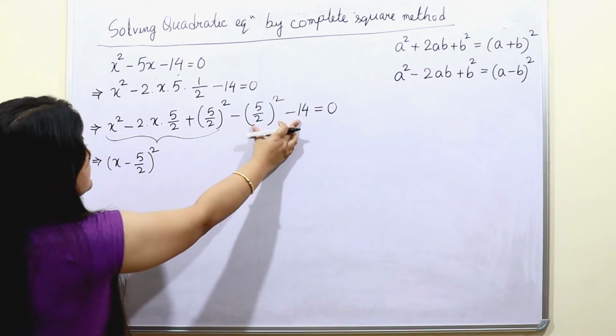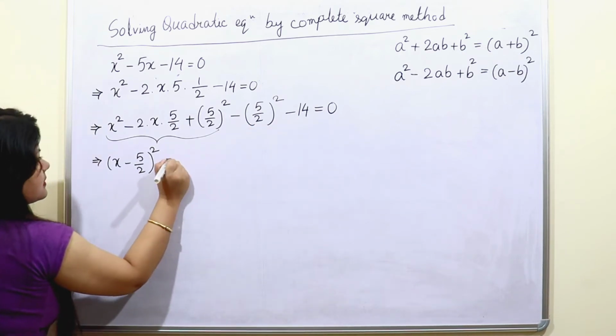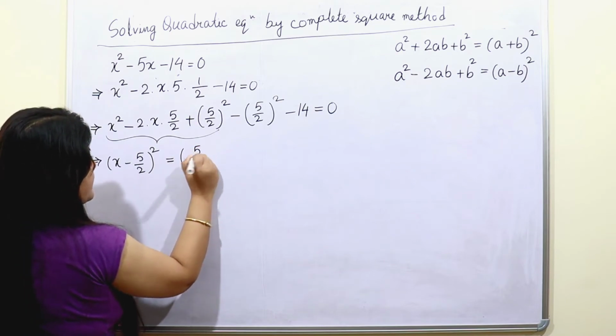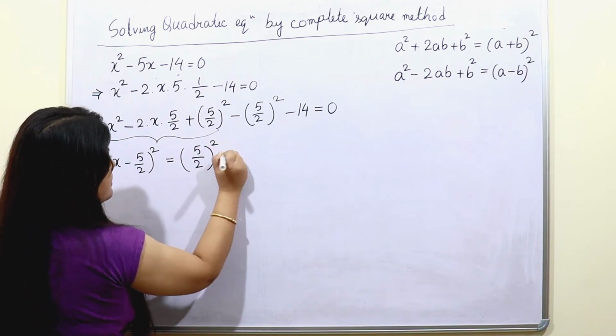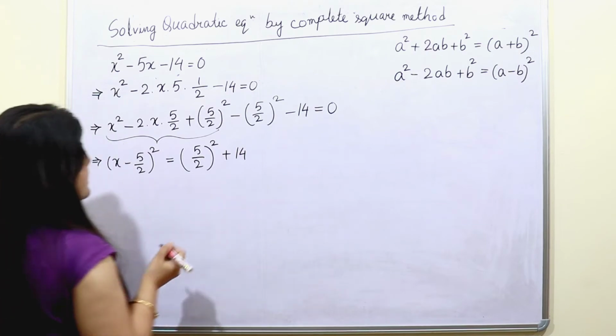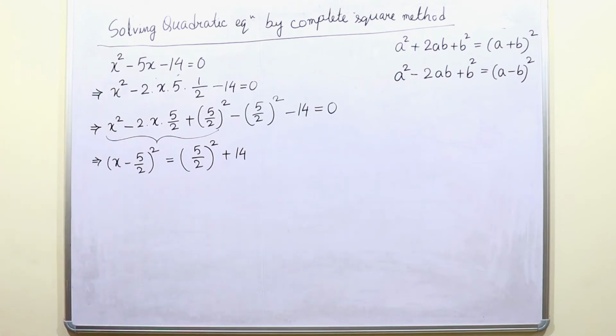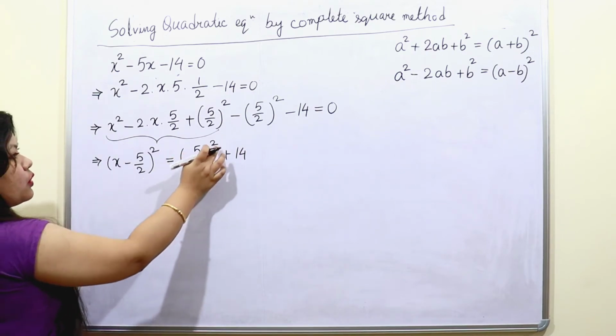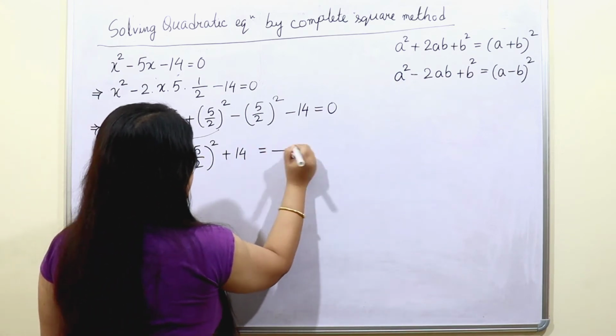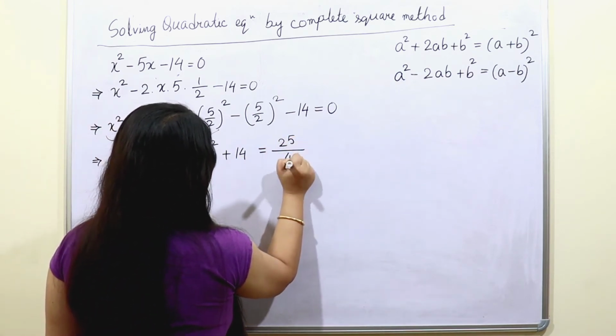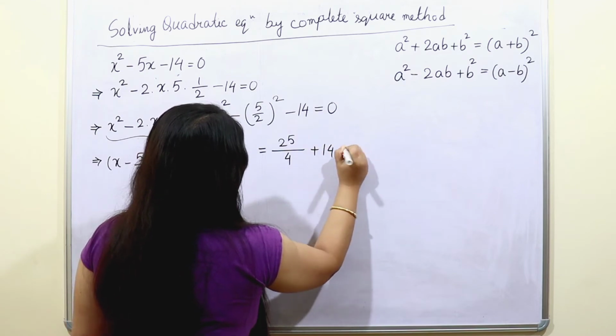If we move the terms to the right hand side, it becomes (5 by 2) whole square plus 14. Now let us simplify the right hand side. (5 by 2) whole square is 25 divided by 4, plus 14.